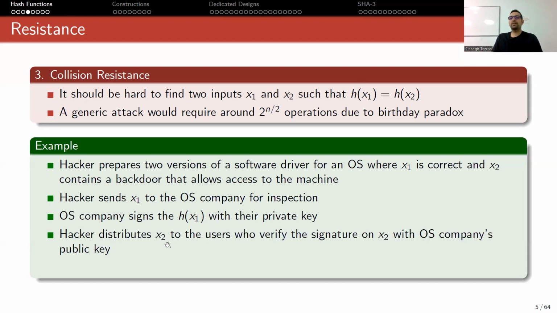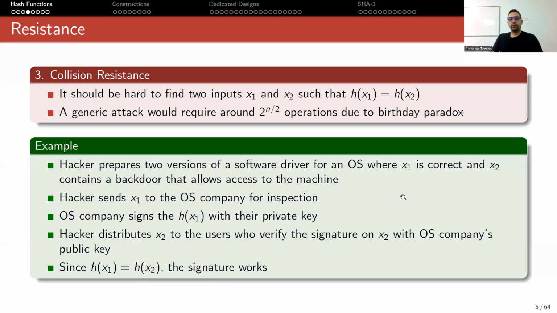But the hacker distributes x2 instead of x1, and x2 contains viruses, but the hash of x2 also equals the hash of x1. So when you try to install this, the operating system checks if it has a valid signature, and it has. This way the operating system would not warn you that there is a problem, because this signature works since h(x1) equals h(x2).